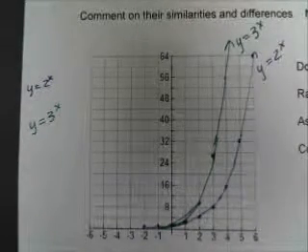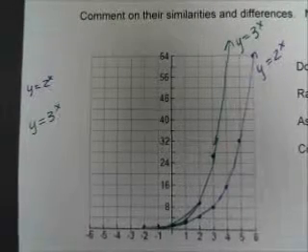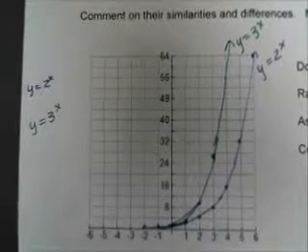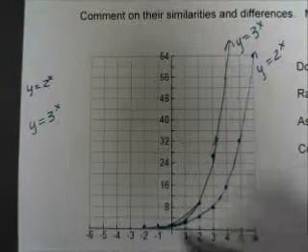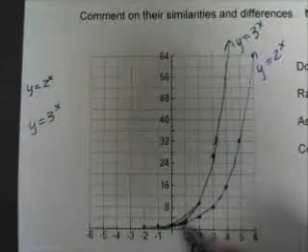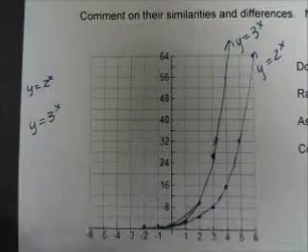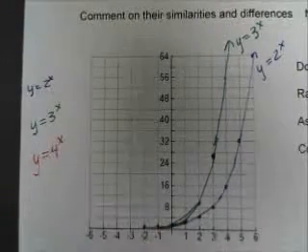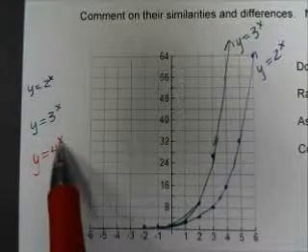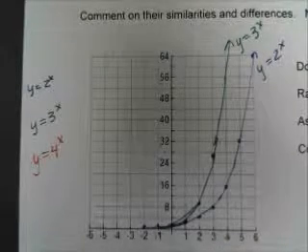And now finally, y equals 4 to the x. I'm going to use red pencil for that, or red pen. So we're looking at y equals 4 to the x. And if I put -1 in there, that's going to be 1/4, which is still really small down there.